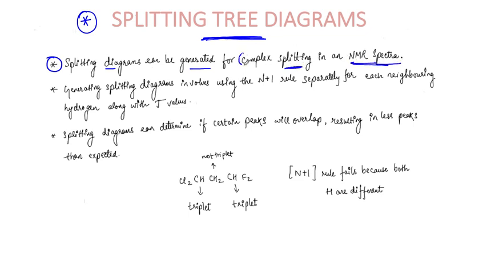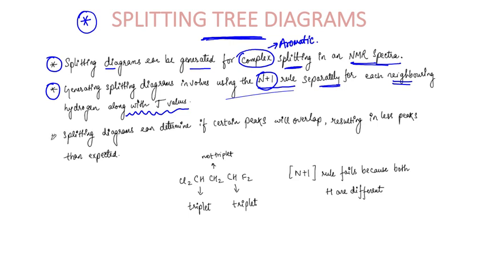We get some splitting pattern experimentally, and to try and understand that, we can use splitting diagrams, which are mostly used for aromatic systems. General splitting diagrams involve using the n+1 rule separately for each neighboring hydrogen along with the J value. This is a very important point: we separately use the n+1 rule.